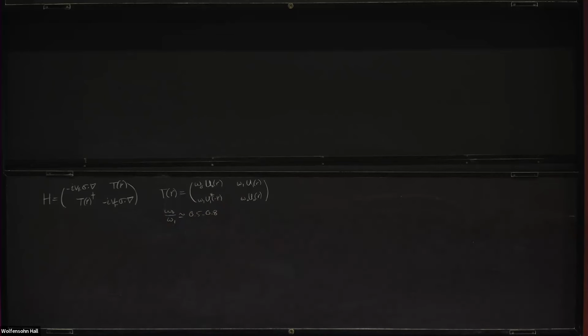Now, the chiral model is obtained by taking the limit where W0, the smaller of the two, is set to 0. The reason this gives us something interesting is that in this limit the Hamiltonian has an extra symmetry.